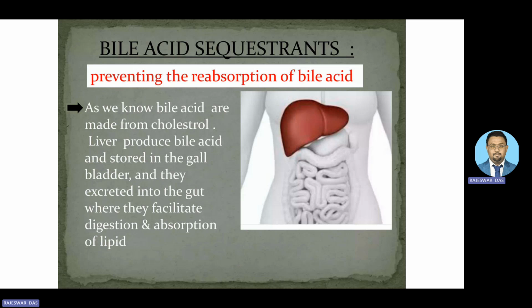Bile acid sequestrants are known as bile acid reabsorption inhibitors or preventers, because bile acids are made from cholesterol. The liver produces bile acid and stores it in the gallbladder, and it is excreted into the gut to facilitate digestion and absorption of lipids.